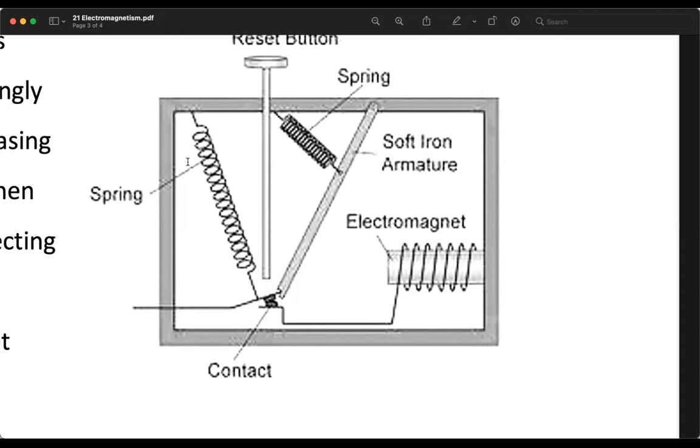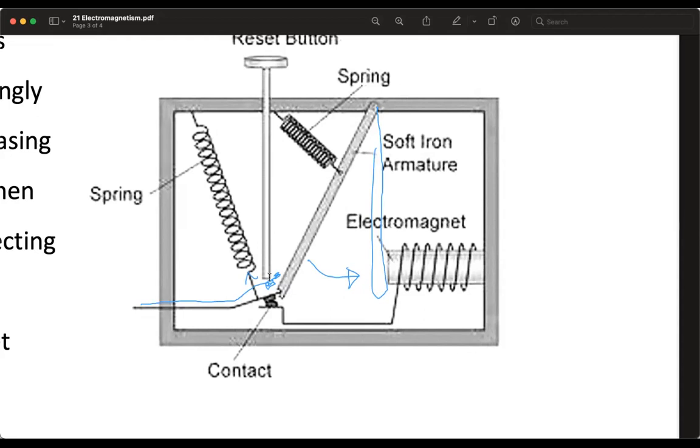Okay, you'll pull upwards, you'll become like this. The spring will pull it upwards. Now it is stuck on top here, beside the reset button. And then this armature itself, at first it will go towards this direction because there's attraction. But once this goes up, what happened?